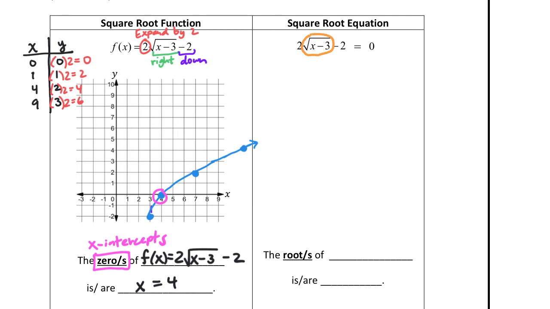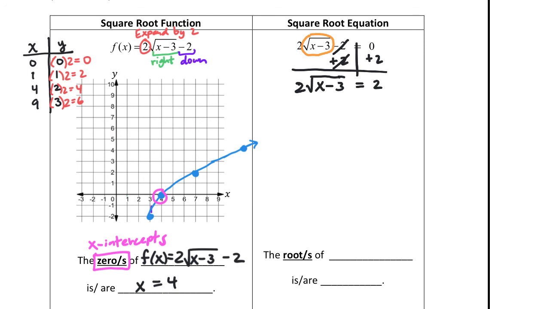So get that term by itself. So I want to get rid of the minus 2, so I'm going to add 2 on both sides. That's going to give me 2 square root of x minus 3 equals 2, because these are going to cancel, right?